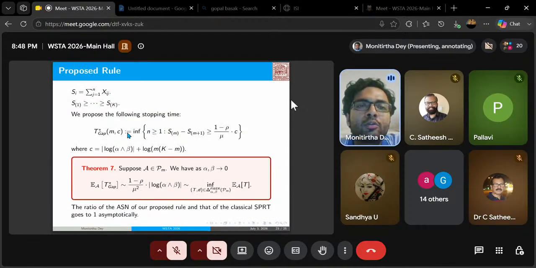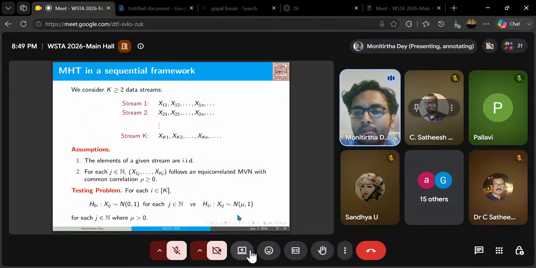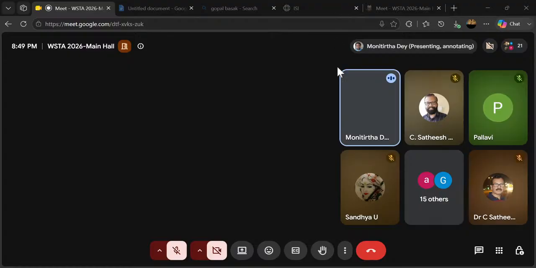So our proposed rule is based on the cumulative sums. We record the cumulative sums, and then we propose this stopping time. Since we know beforehand that m many are coming from normal with mean mu, and if we collect observations again and again, it is intuitive that the top m cumulative sums will correspond to the true alternatives with high probability.